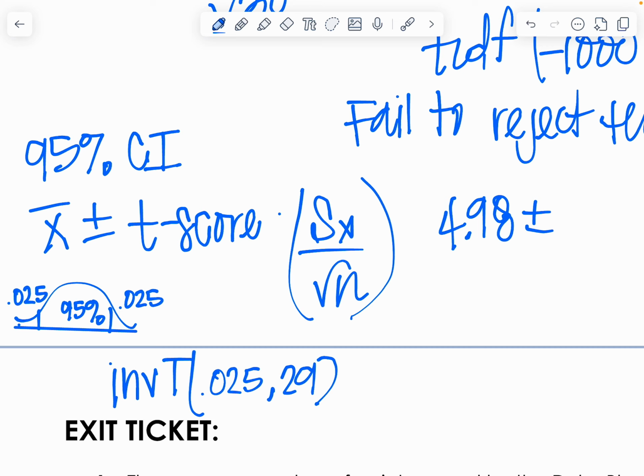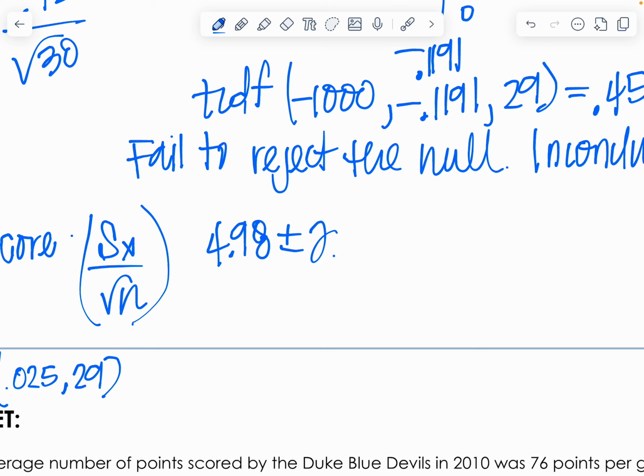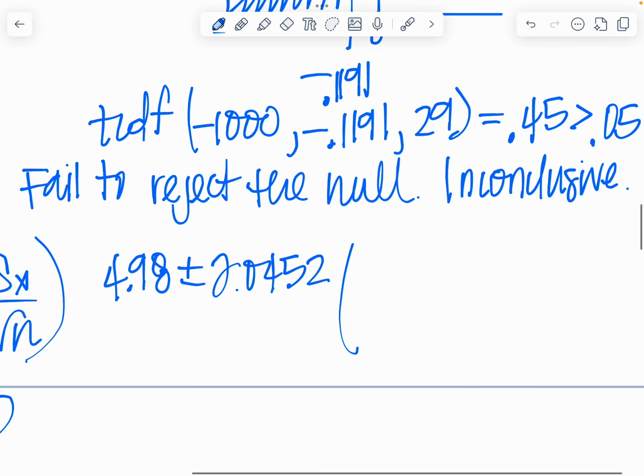Okay. So negative 2.045, 2. So plus or minus 2.0452 times 0.92 over the square root of 30.